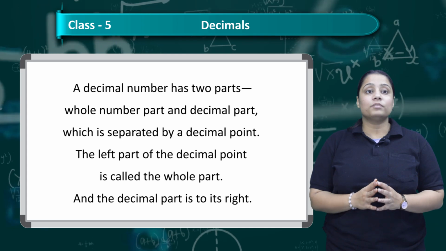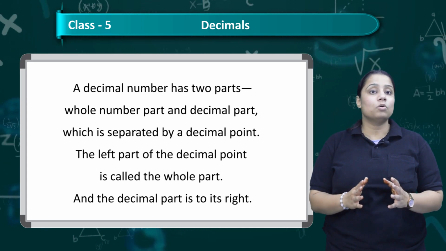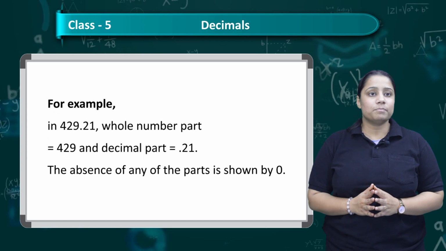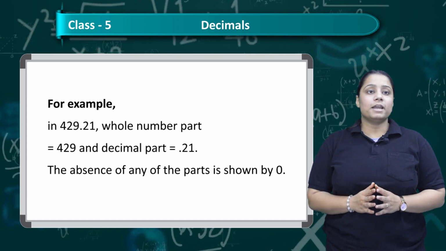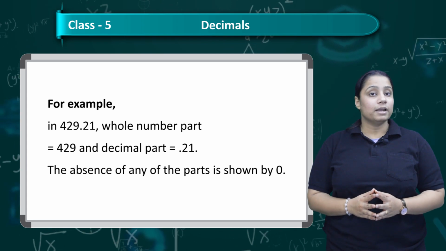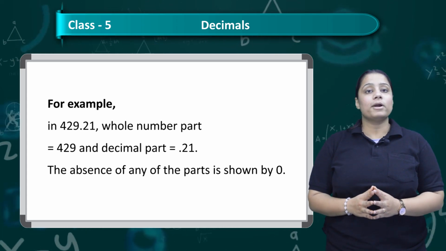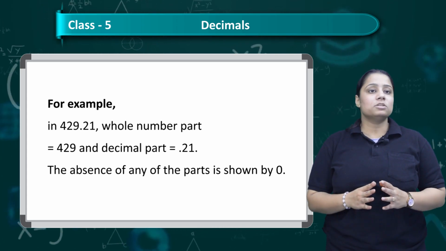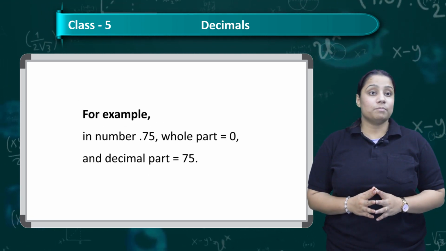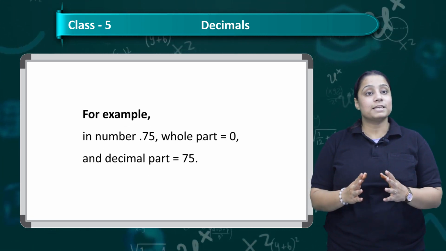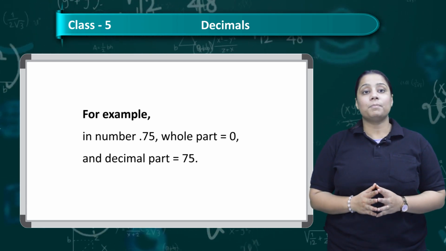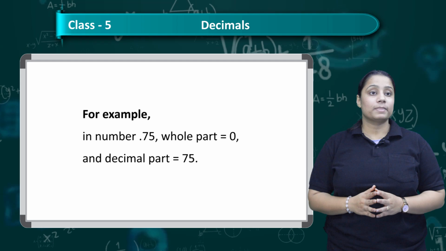The left part of the decimal point is called the whole part and the decimal part is to its right. For example, in 429.21, the whole number part is 429 and the decimal part is 0.21. The absence of any of the parts is shown by 0. For example, in the number 0.75, the whole part is 0 and the decimal part is 75.